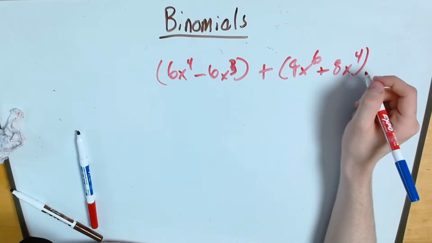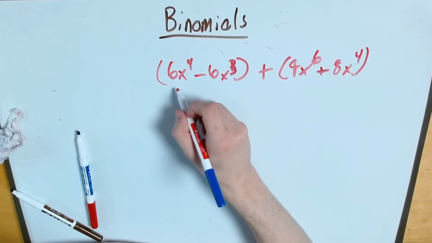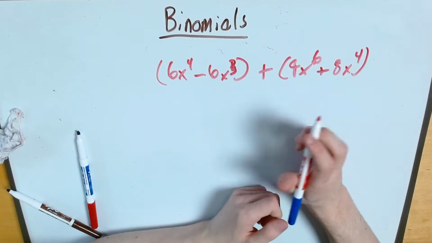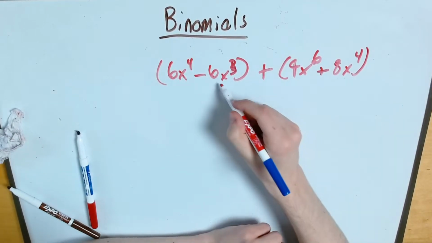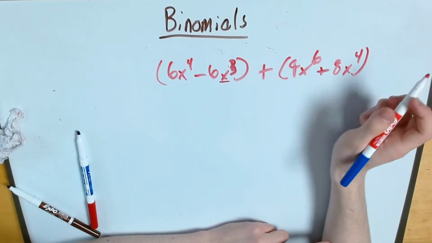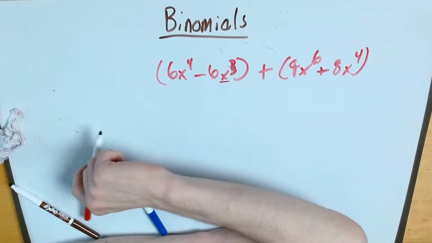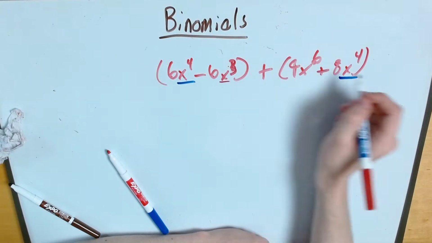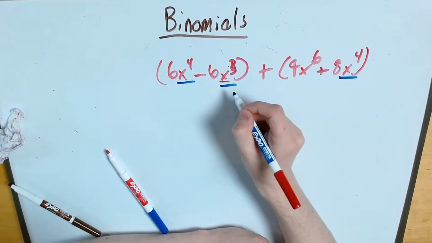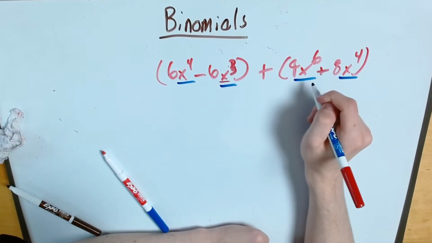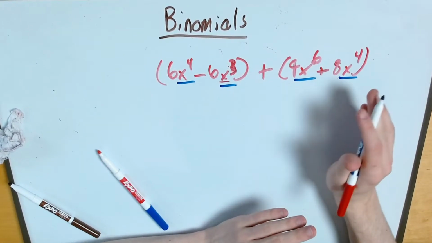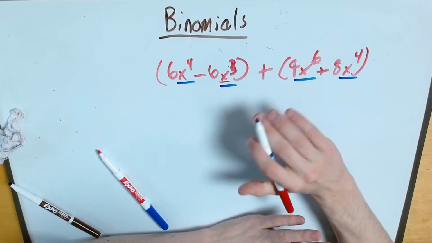So the first thing I'm going to do is make sure that I find like terms. I want to find any terms where the exponents and the powers match. So there are two x to the 4s, so I know I'm going to have to do something with those. But for the rest of them, there's only one x to the 3, there's only one x to the 6. So I'm not going to be doing anything with those. I'm not going to be changing their coefficients.